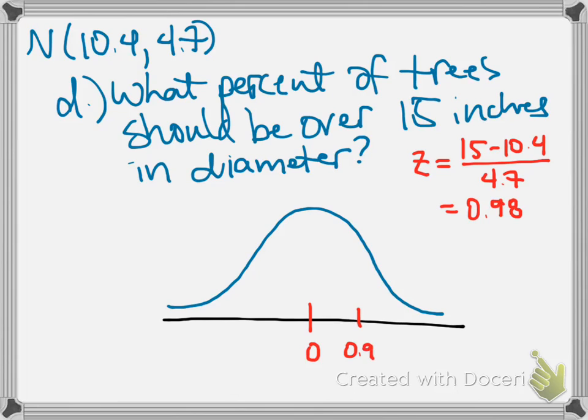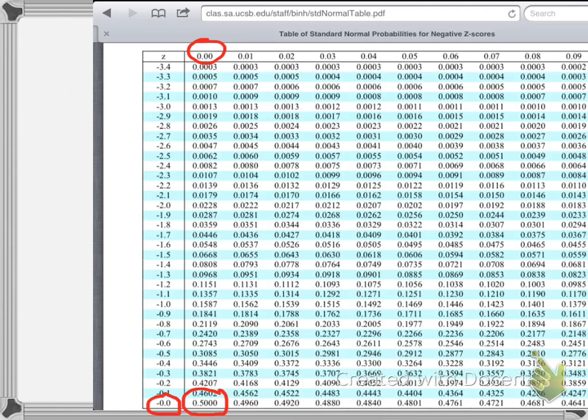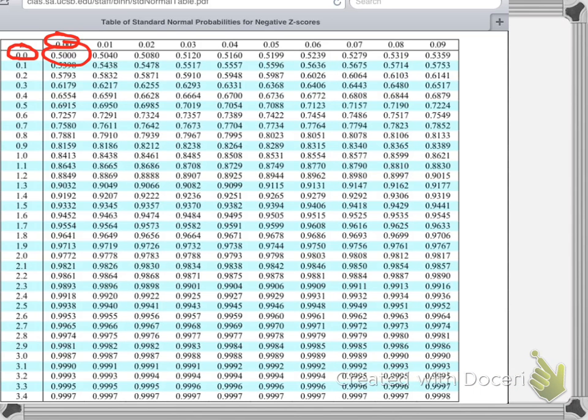So here's what we are wanting to find. We want to know what is this area under the curve above a z-score of 0.98. So we're going to go to our standard normal table. And since 0.98 is positive, of course, we need to look at the positive side of the table.